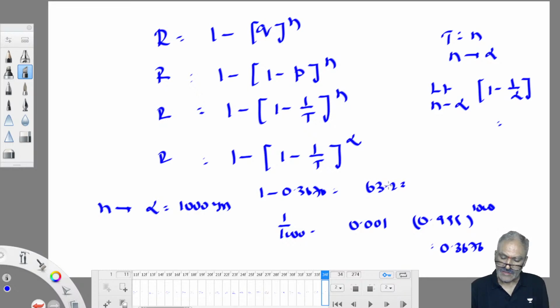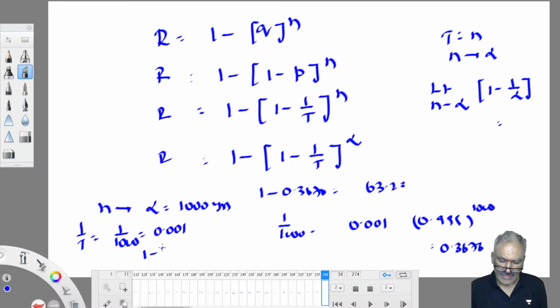1000 years data itself is taken as infinity, because IMD started just before independence. We have got only 75 years data or max 100 years data, not more than that. So 1000 years is almost like infinity for us. If I apply that logic, 1 by T is equal to 1 by 1000, which is 0.001.